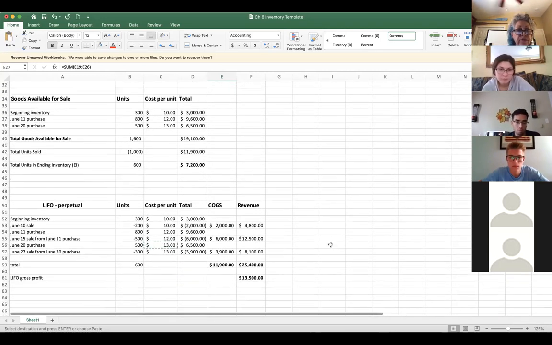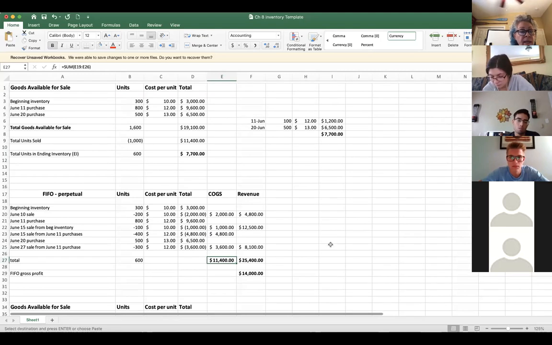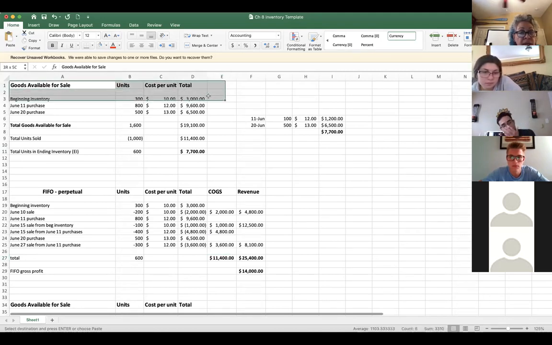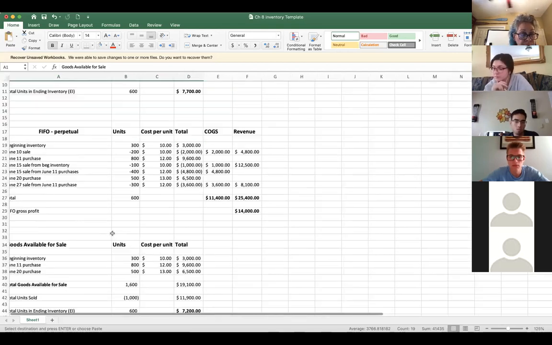Now the problem didn't ask you to do a weighted average, but let's go ahead and calculate it, because you are expected to know this. I'm going to copy my goods available for sale schedule.